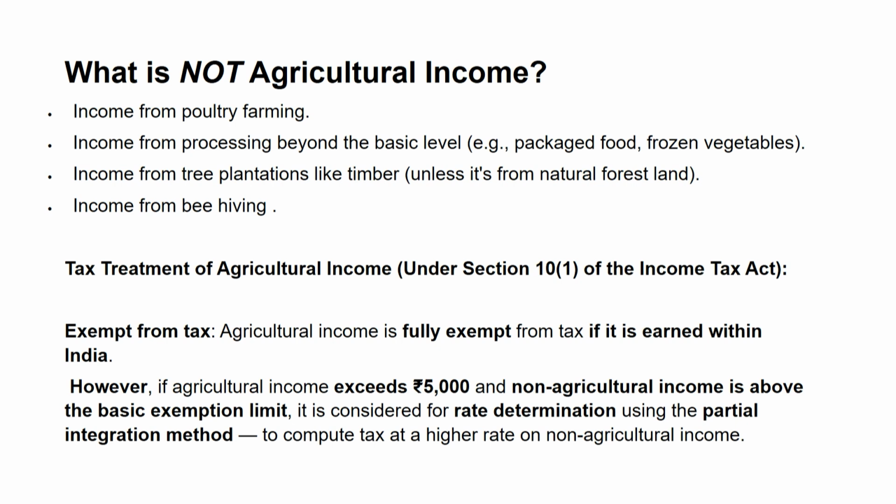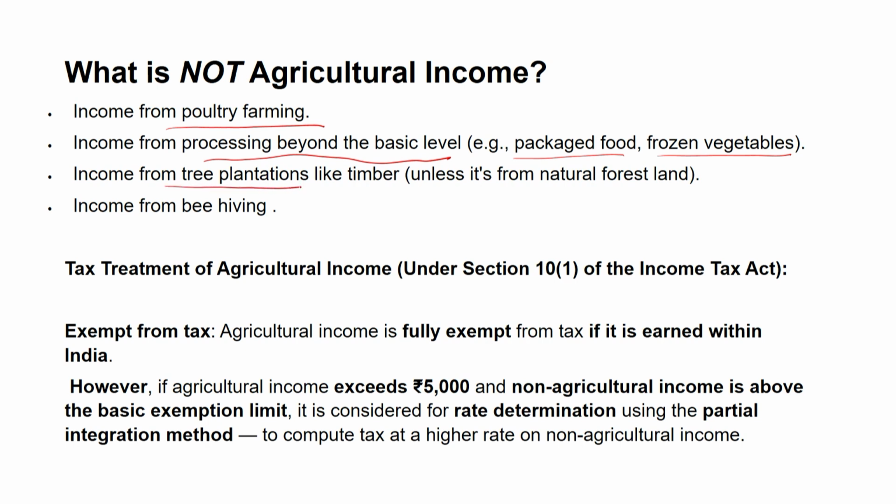So any income you receive from poultry farming will not be part of agricultural income. Income from processing beyond the basic level, such as marketing, branding, packaging and labeling, and processing of food grains, if you receive any income from these sources, then this may not be included in the agricultural income.